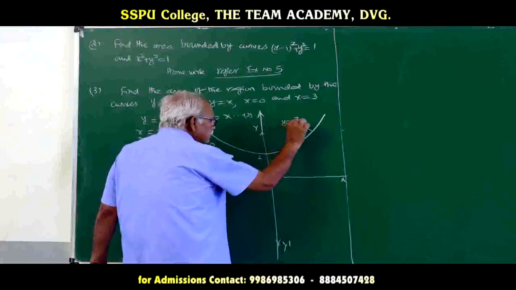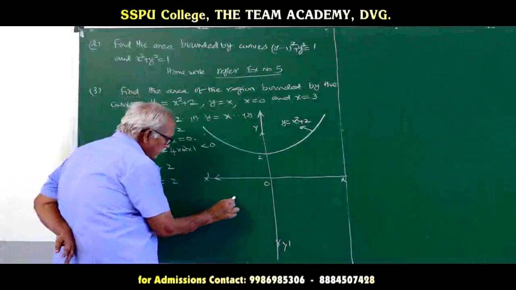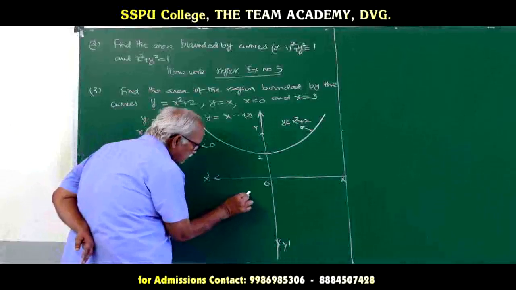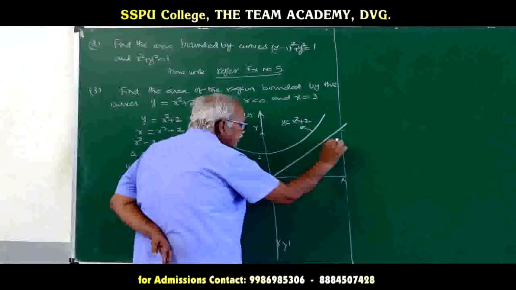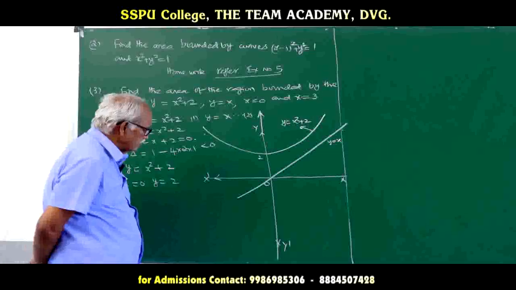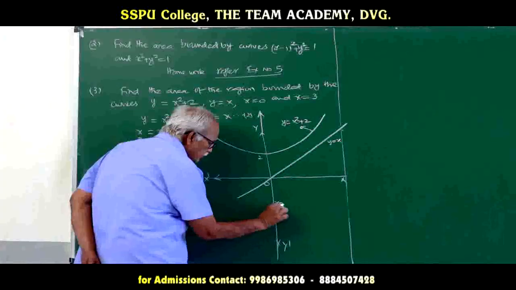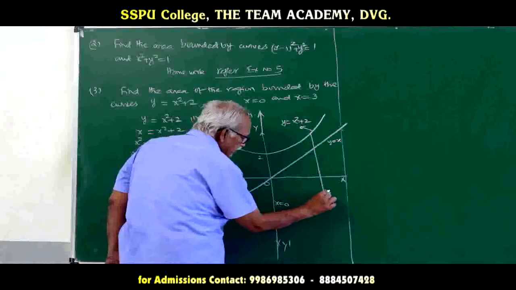Y is equal to x square plus 2. Then we have the curve y is equal to x, a straight line passing through the origin. This is the x is equal to 0 line. What is the x is equal to 3 line? Let us draw x is equal to 3.